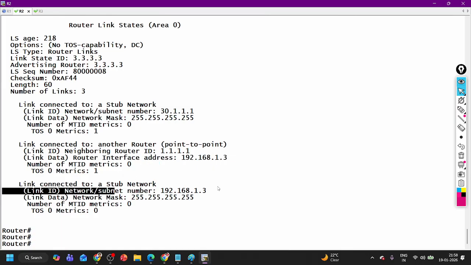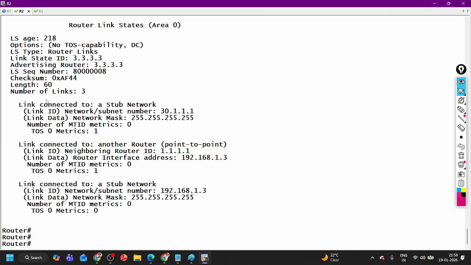It is talking about which network? 192.168.1.3. Now in the router LSA, are you able to see the change? Is there any change or not? There is a change, guys. Something is different from earlier.